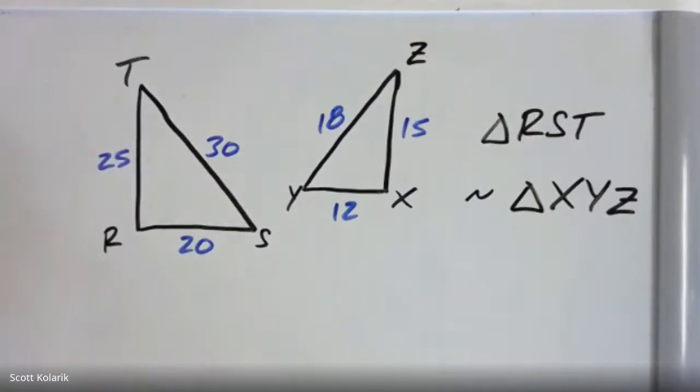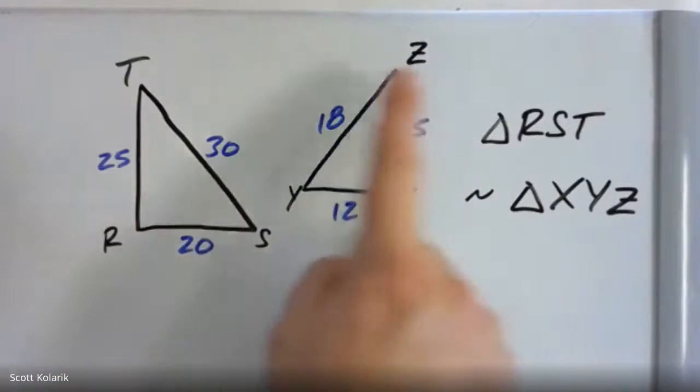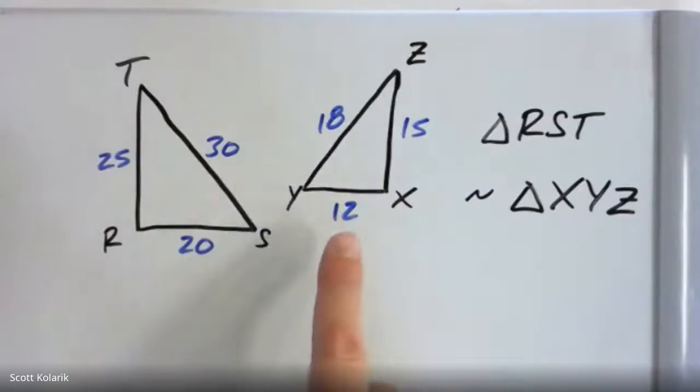So the other thing to point out at the very beginning for part A, it asks me to figure out the scale factor from RST to XYZ. And that wording matters because that tells me the direction I'm going. The reason why?